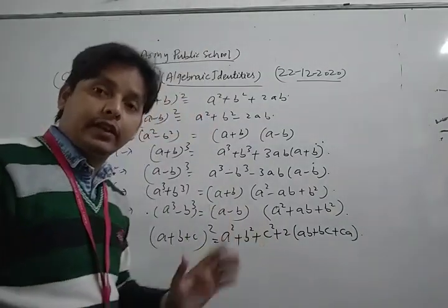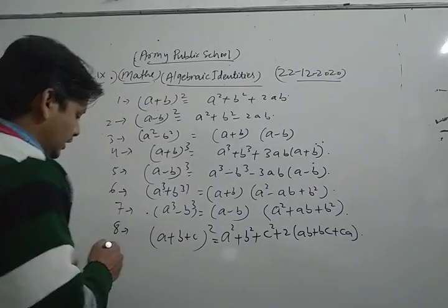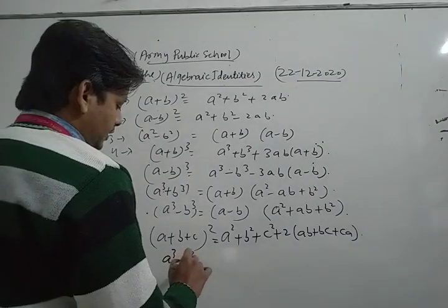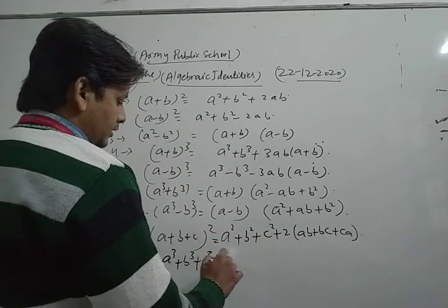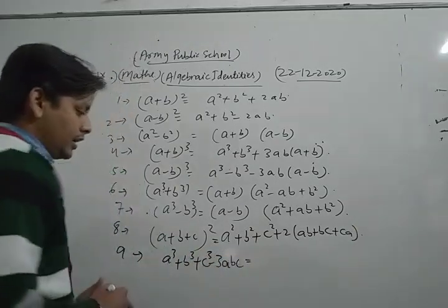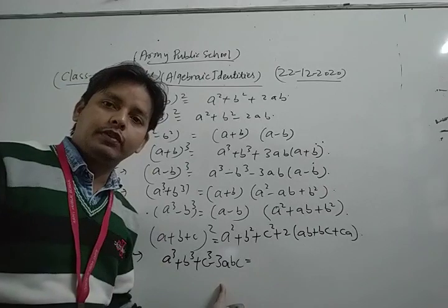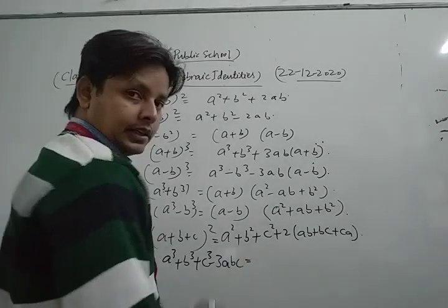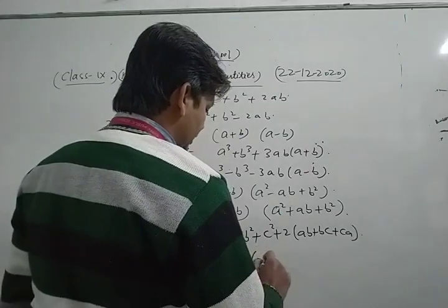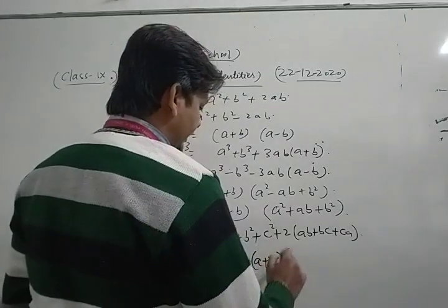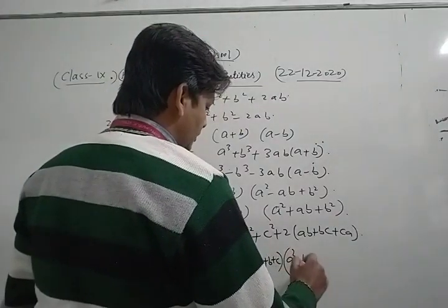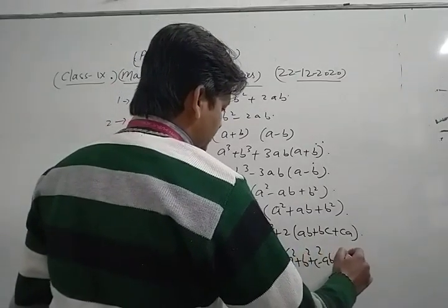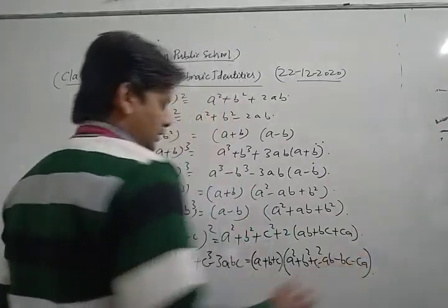And the last one, which is very important for you, is a cube plus b cube plus c cube minus 3abc. The formula for this is: in the first bracket we write a plus b plus c, and in the second bracket a square plus b square plus c square minus ab minus bc minus ca.